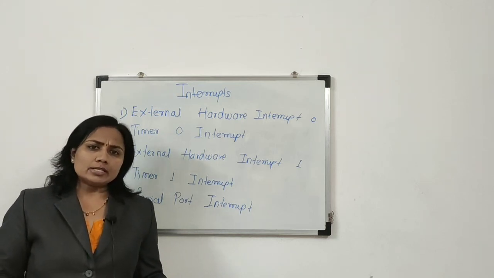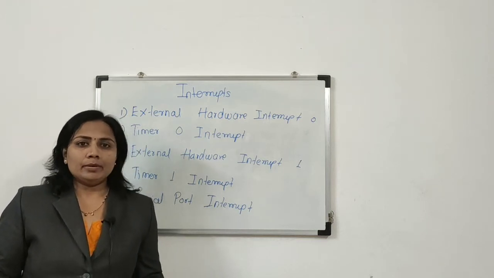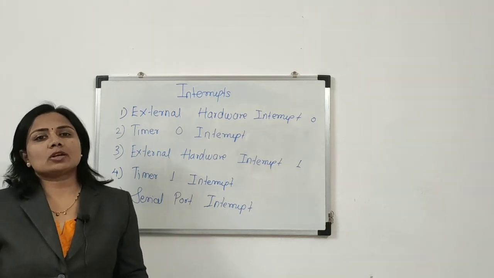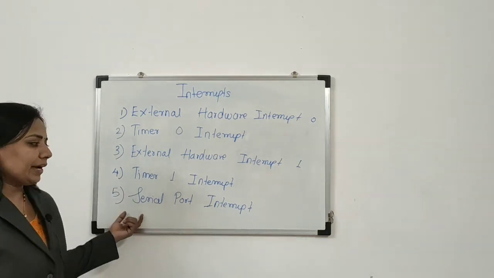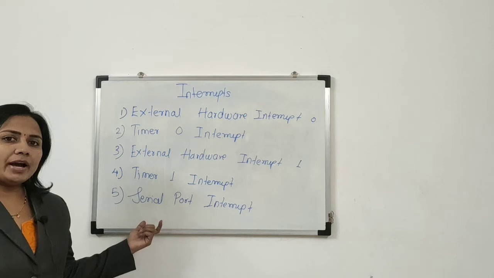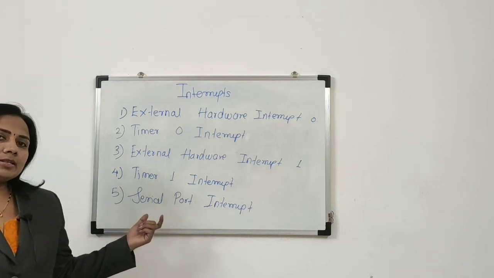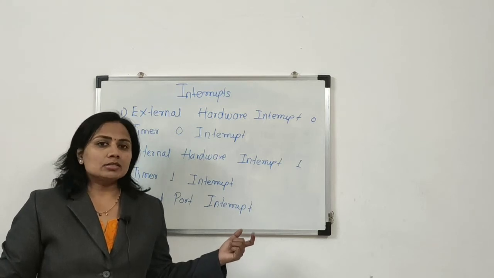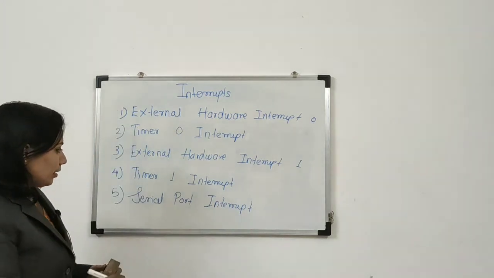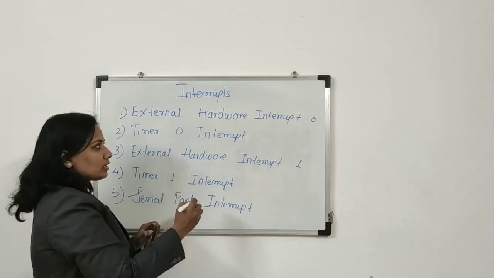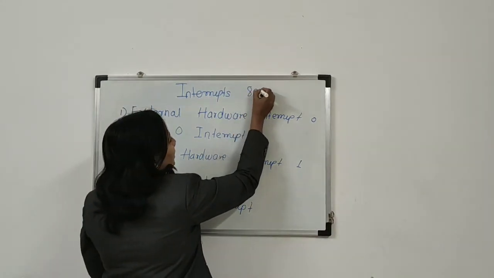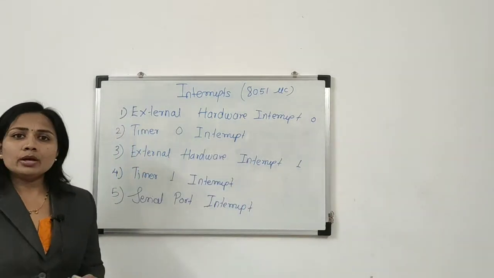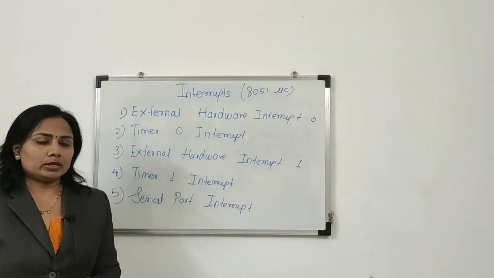So if you consider reset as an interrupt, the number will come to 6, and if you exclude reset, you will have 5 interrupts. So out of these 5 interrupts, 2 are external hardware interrupts, 2 are timer interrupts, and 1 is serial interrupt. This is the total interrupt list for the 8051 microcontroller.